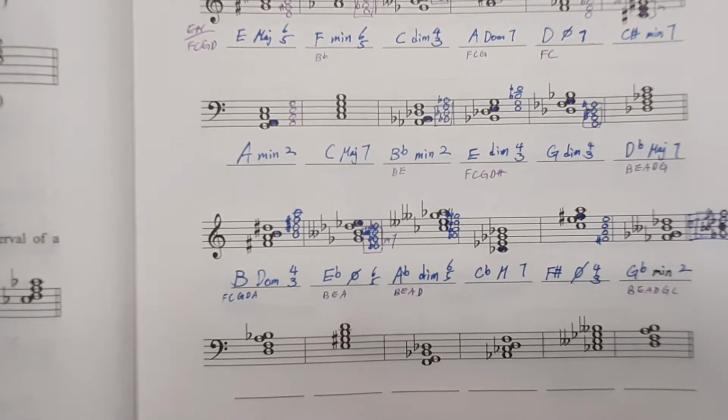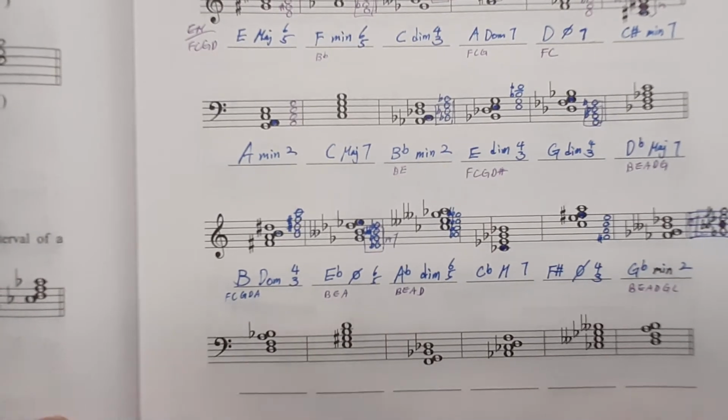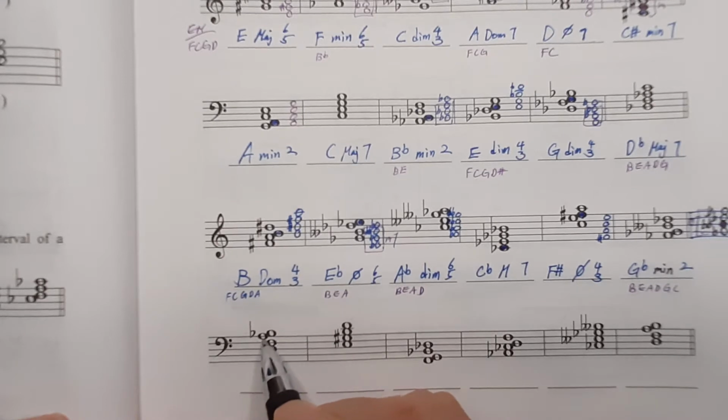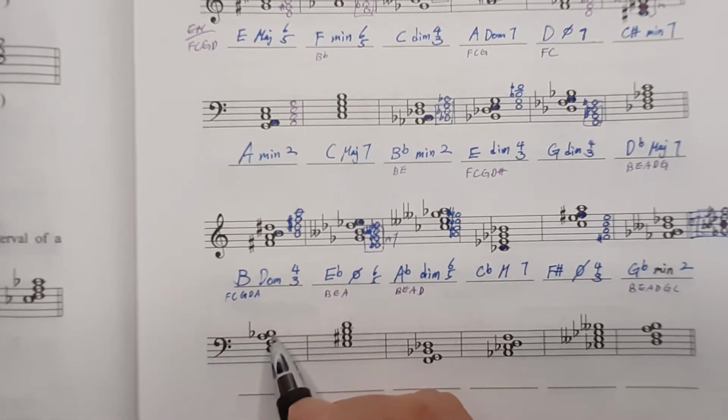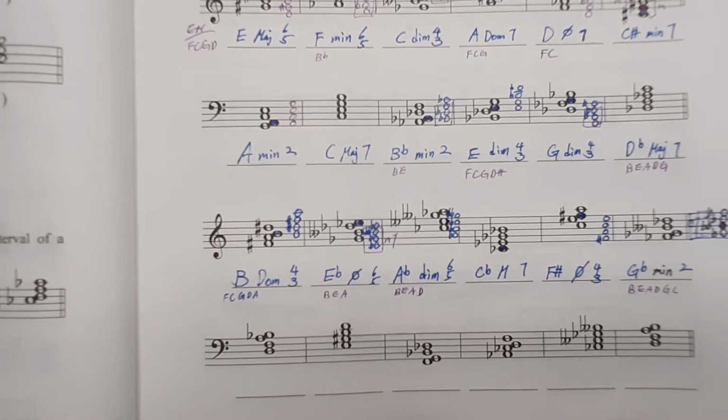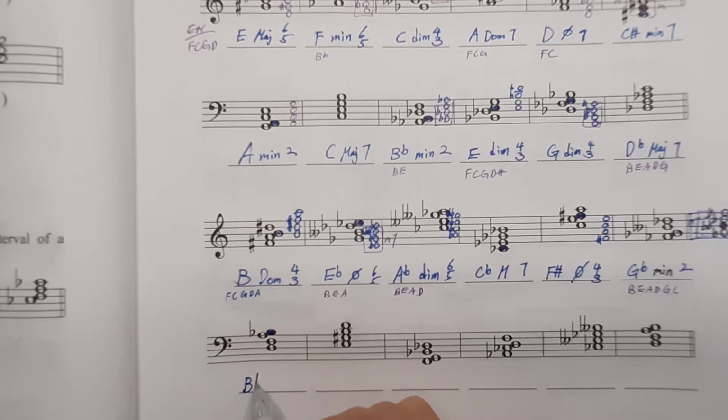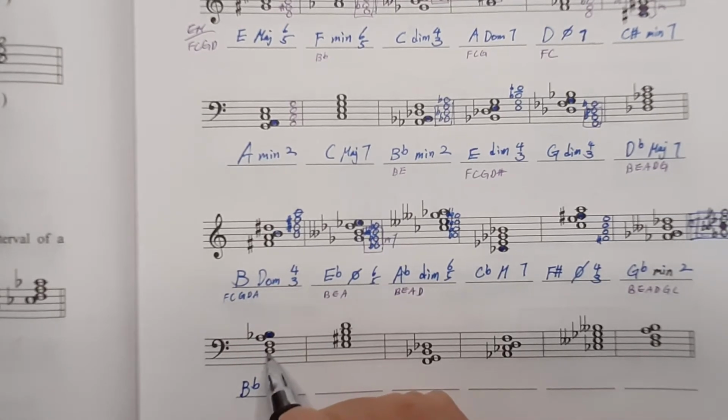Okay, let's do the last line. Okay, we have D, F, A, and B flat. Okay, where's the root? It's on the top. So this is B flat. Now, what's on the bottom? The second one, B flat D and F A, right?